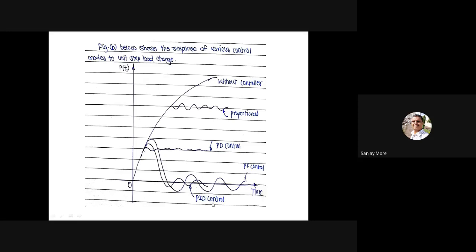Here is the PID controller, the combination of proportional, integral and derivative controllers, and here the PI controller, here only the PD controller, and here only the proportional controller, and this line indicates without controller, meaning there is no control at all.